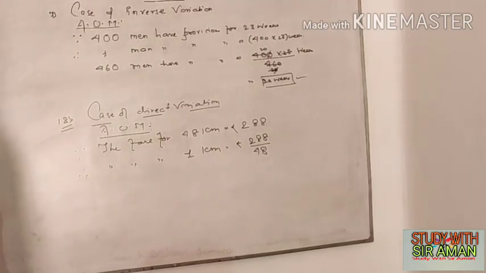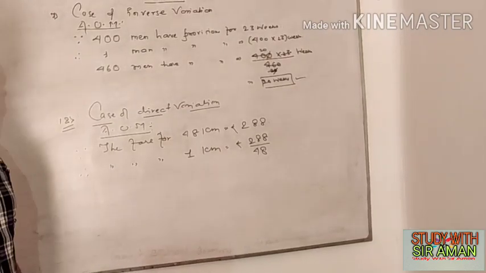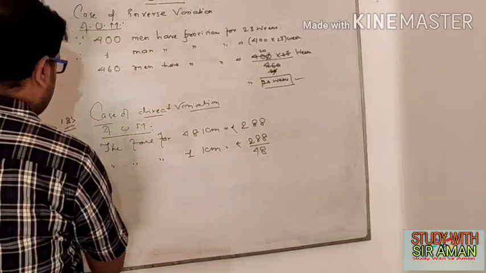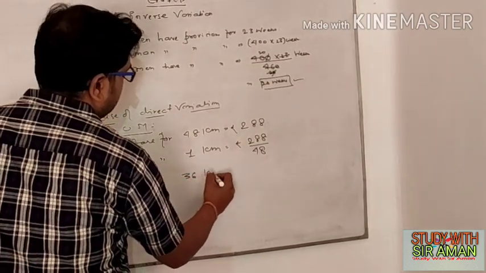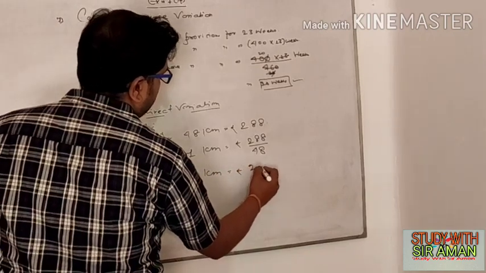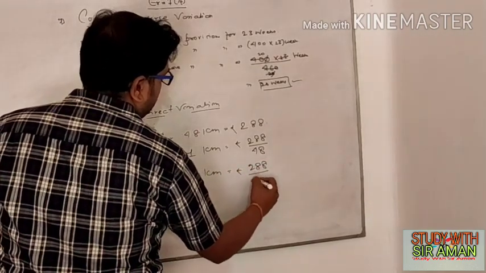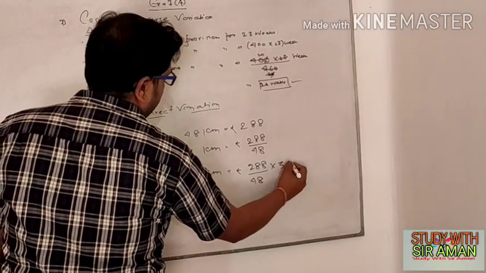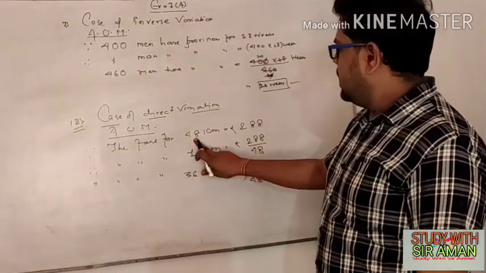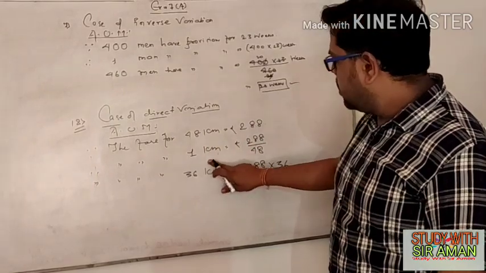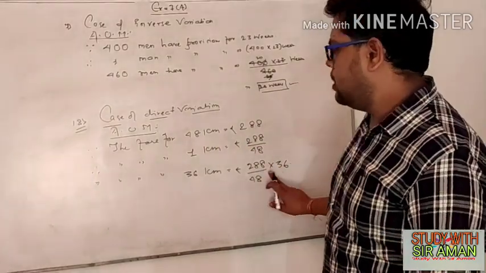Okay. Now, what do we need? We will need the fare for 36 kilometer. The fare for 36 kilometer will be how much? 288 by 48 into 36. 48 kilometer 288. 1 kilometer division, 36 kilometer multiplication.